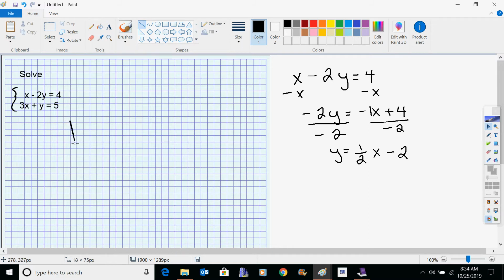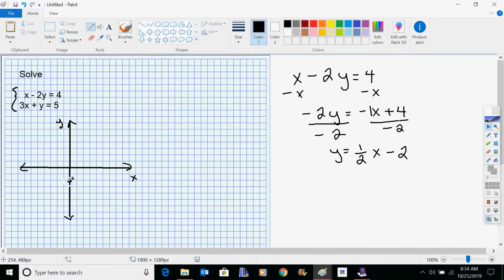So we'll make a graph over here. We have to have our x-axis and our y-axis. And I'll go ahead and label them x and y. And so we're going to go ahead and graph 1/2 x minus 2. So where do we start that graph? Negative 2 on which axis? The y-axis.